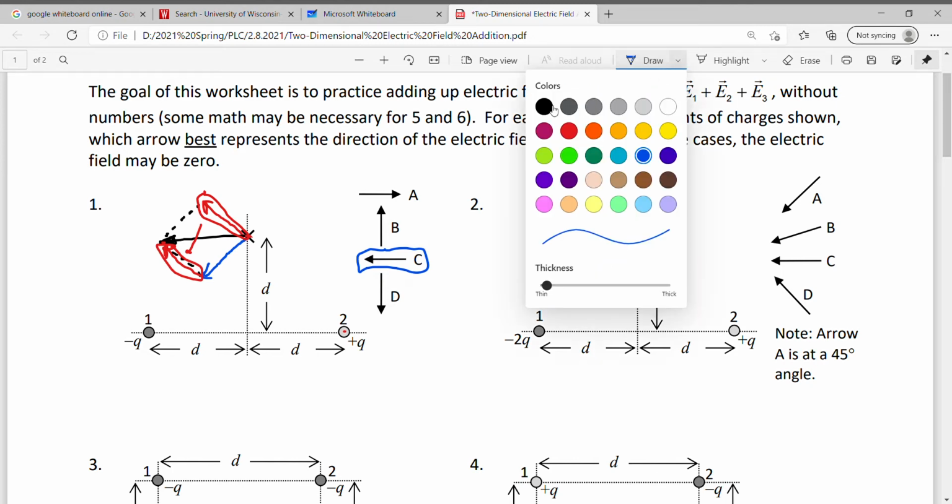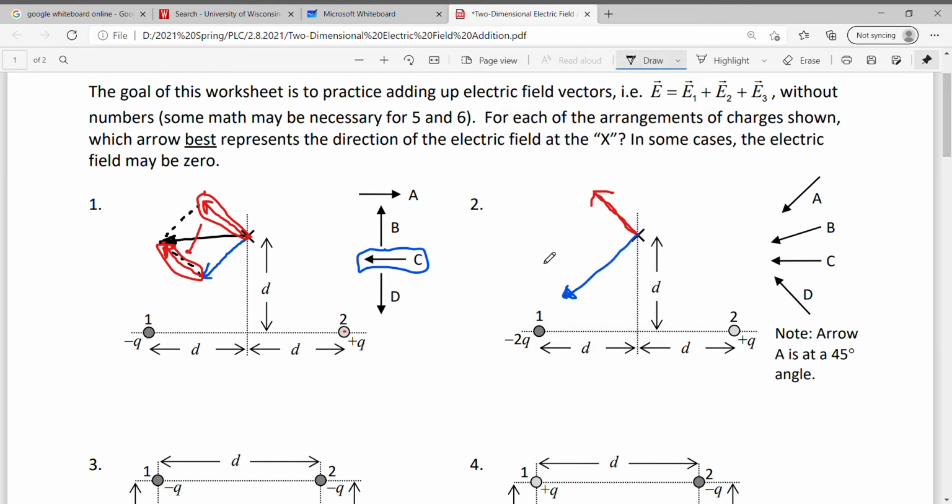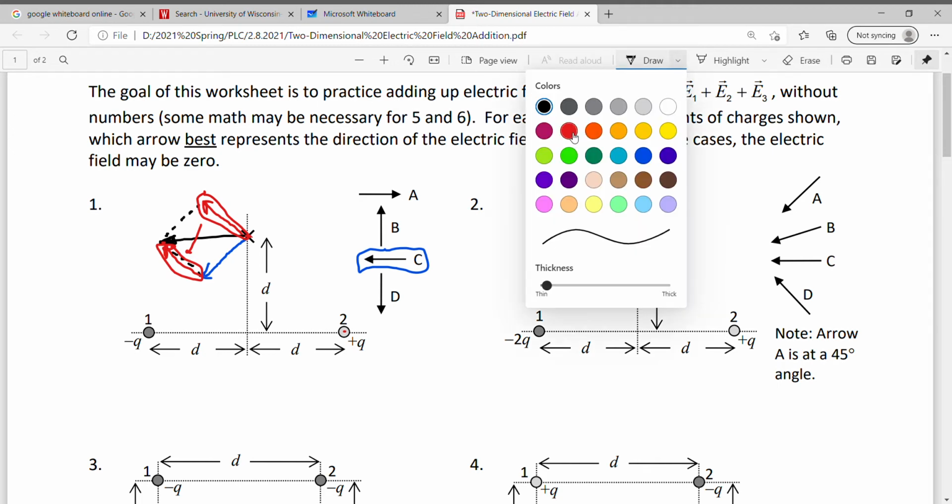And to add these two vectors up, we draw some lines to help us. I should draw it a bit better.